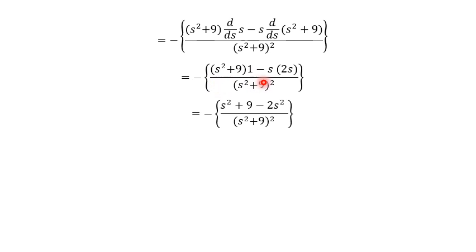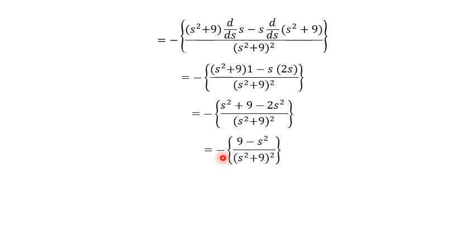After simplifying this above step, we get here minus in bracket s square plus 9 into 1 is s square plus 9 minus s into 2s is minus 2s square. Again simplifying the numerator part, we get minus in bracket 9 as it is and s square minus 2s square is minus s square upon s square plus 9 bracket square.